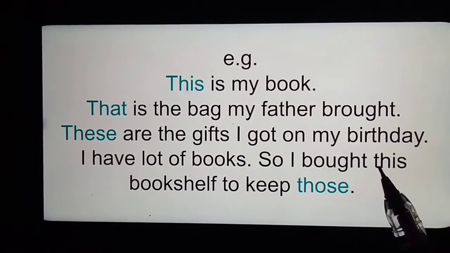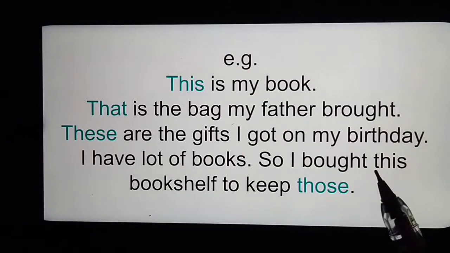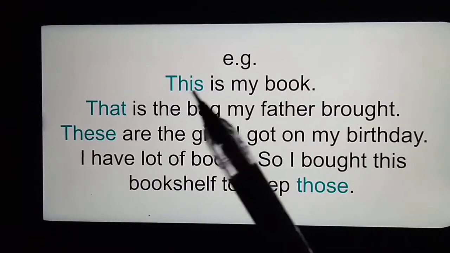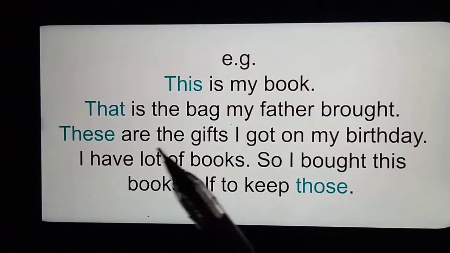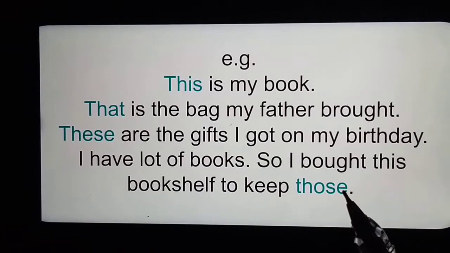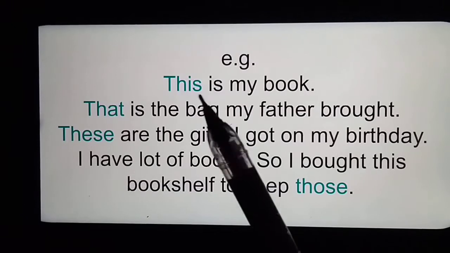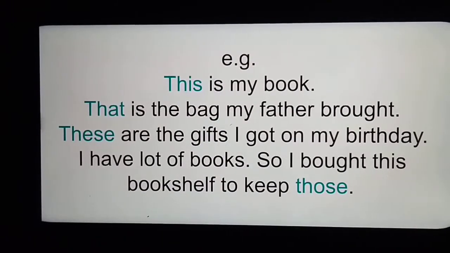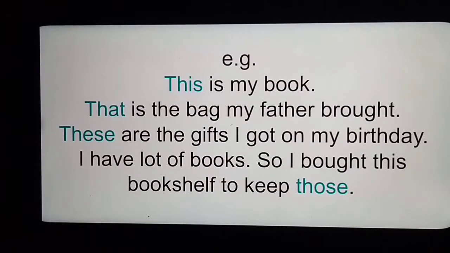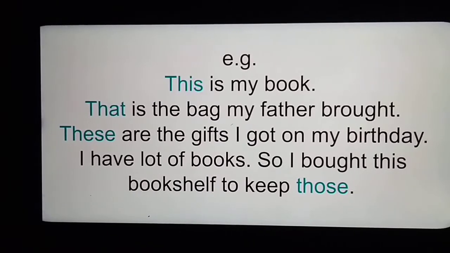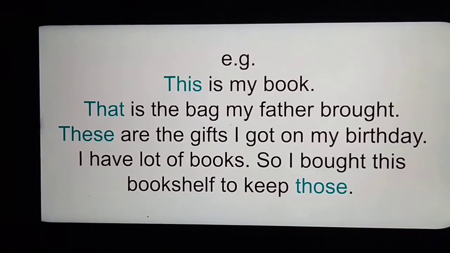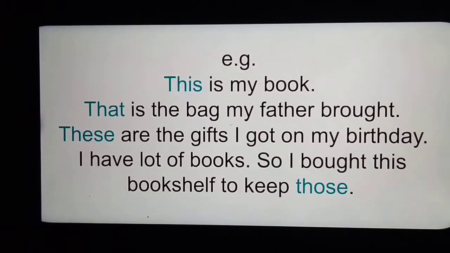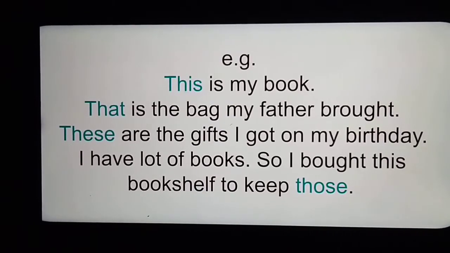Then what is the difference? How will you identify? The difference is that if these words, this, that, these and those, are used as a pronoun, then they will not be followed by a noun. It means no noun will be there after these words. But if they are used as an adjective, they will be followed by a noun.